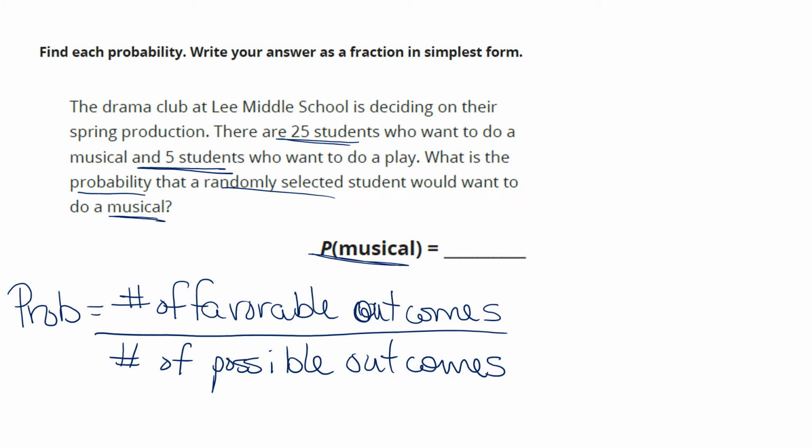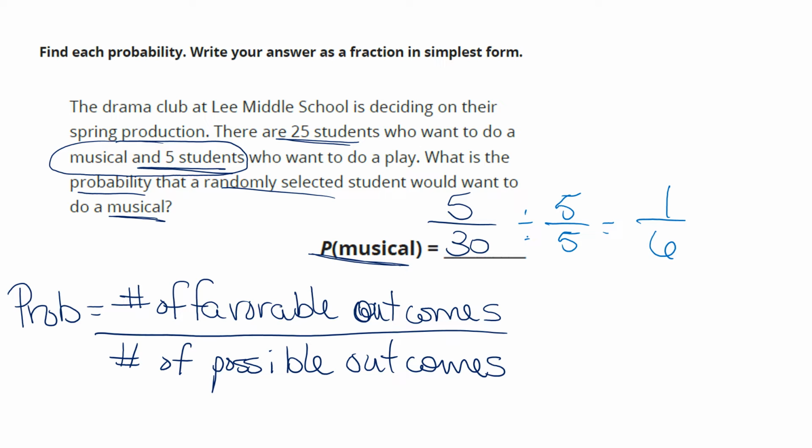So 25 plus 5 would give me a total of 30 students. We're looking for the students who are wanting to participate in the musical, and there are 5 students who want to participate in the musical, so that favorable outcome would be 5. 5 over 30 can be reduced or simplified. You can divide the top and bottom by 5 to reduce that fraction, and that would take me down to 1/6 as my probability. So 1 out of 6 are interested in that.